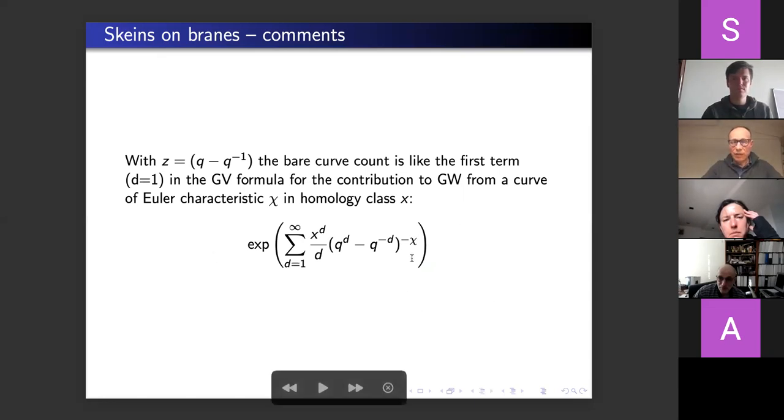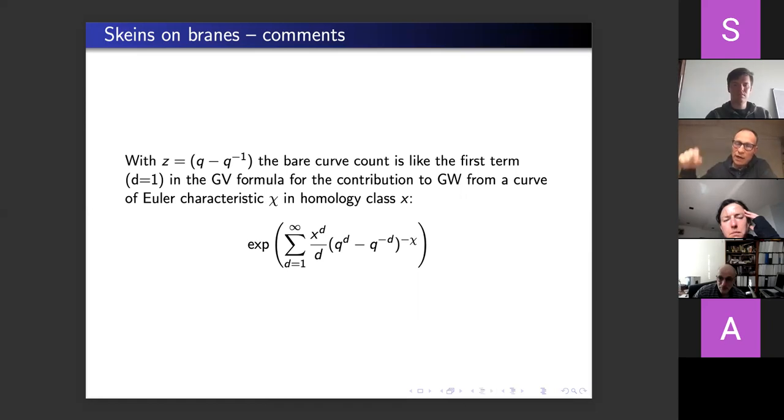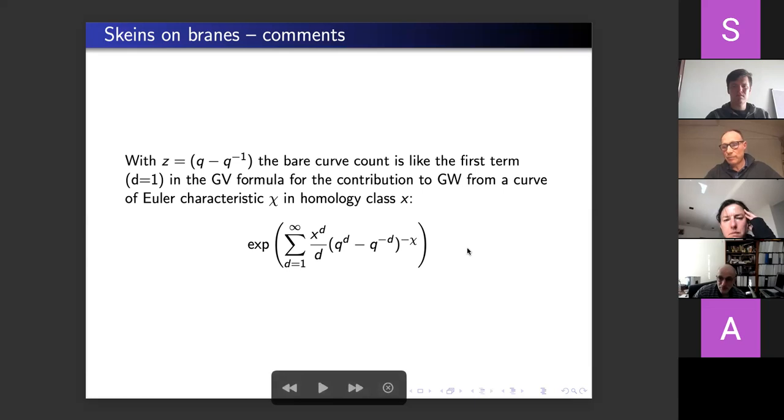And this is the formula that does that. In that formula, X is some kind of homology class, and D is the degree of the cover. In our counts, we count the bare curves as the degree 1 part of this formula, right? So we take our curves, if they're multiple covers and so on, we perturb them out so there are no multiple covers, but we keep the constants in. And then every curve should be counted as the first term in this formula. That's the nature of this bare curve counting.